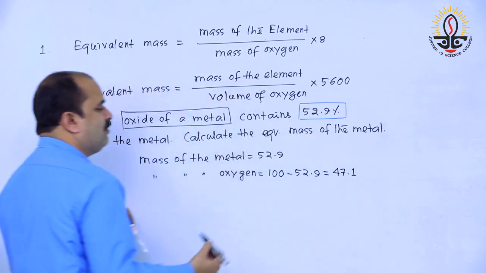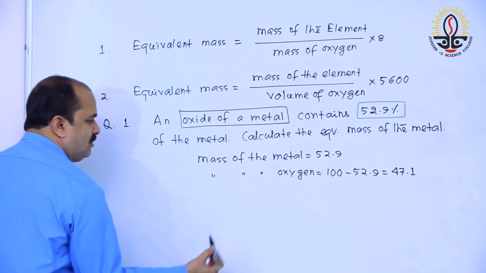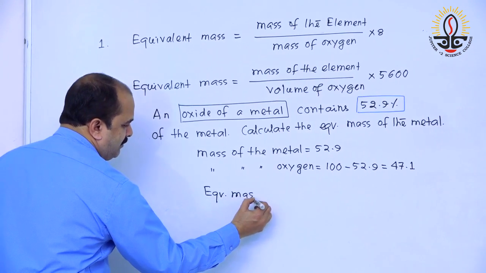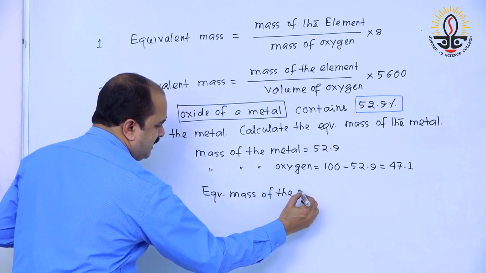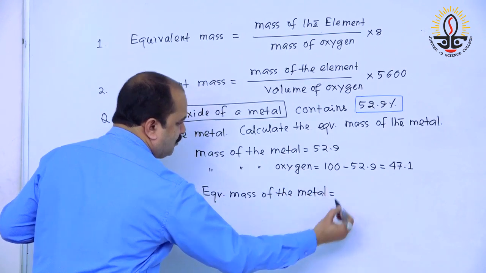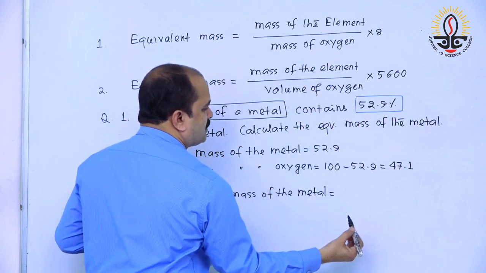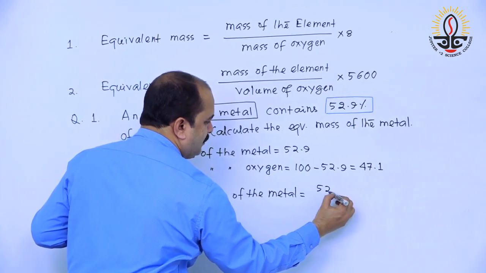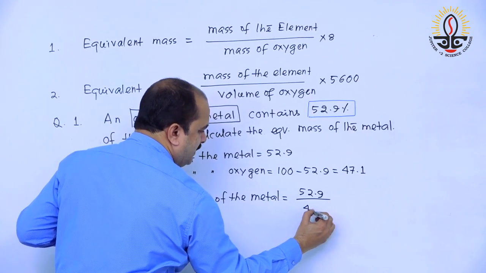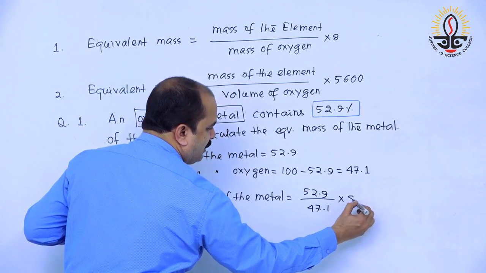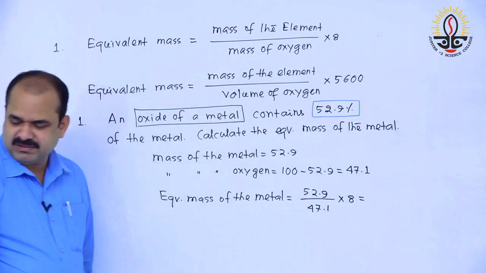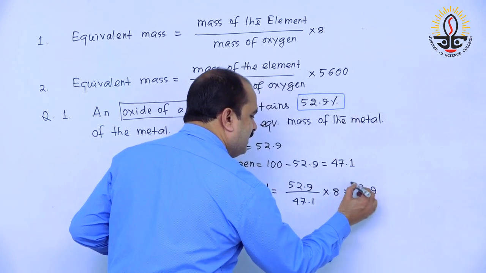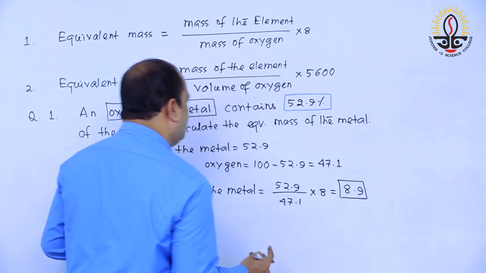We can calculate the equivalent mass of the metal: mass of the metal by mass of oxygen, it is 52.9 divided by 47.1 into 8. It will give 8.9. Answer is 8.9, the equivalent mass of the metal.